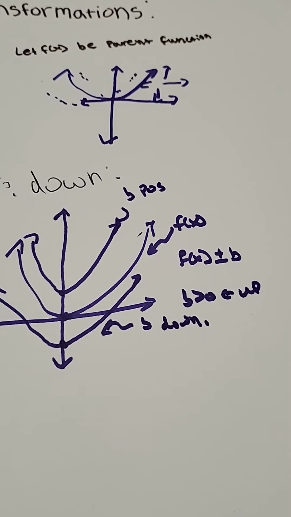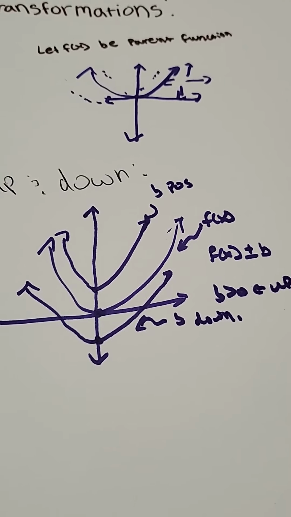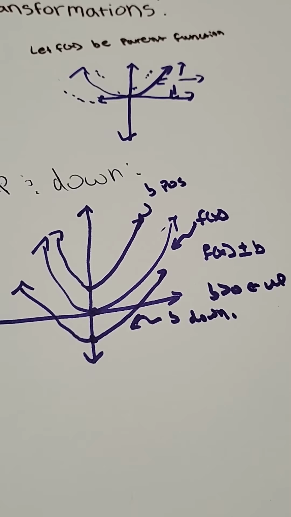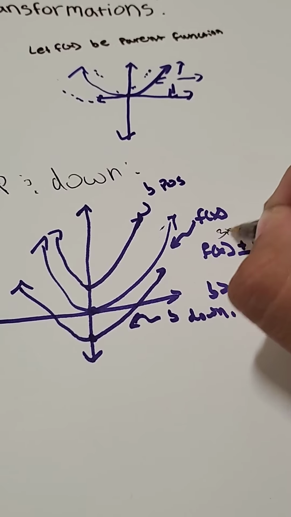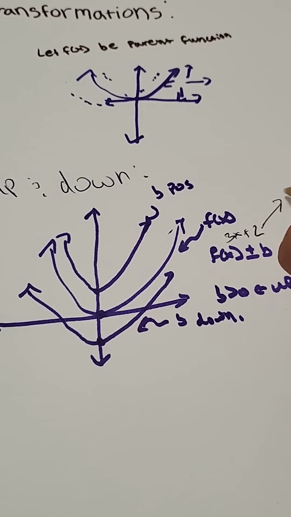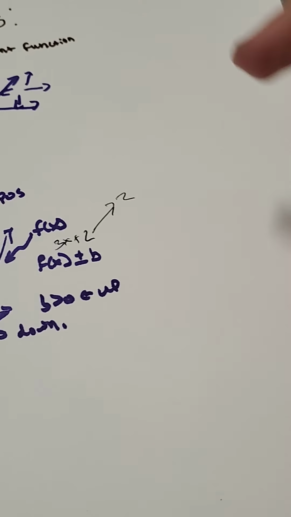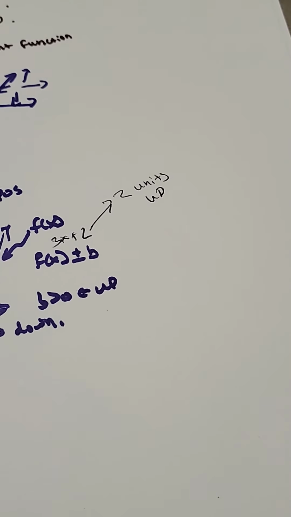Okay, that's simple enough. All right, and it's read as f of x plus b. So a good example of this would be 3x plus 2. This line was shifted up 2 units.